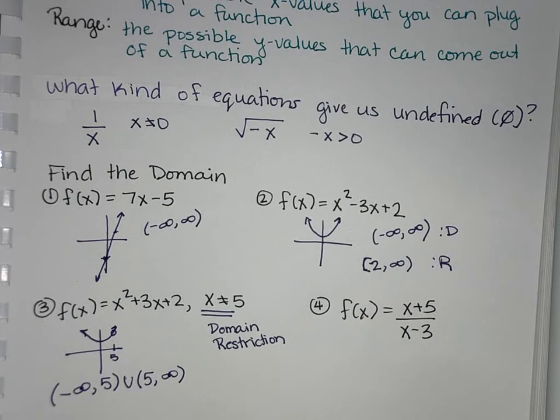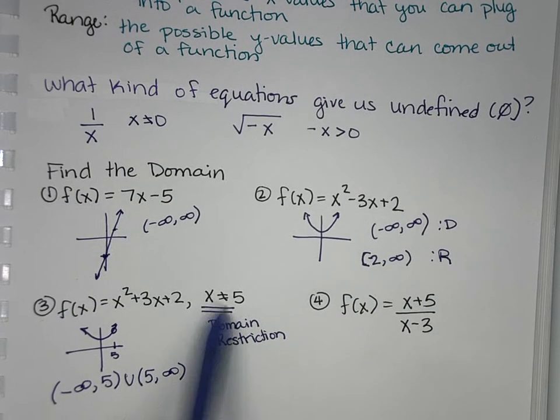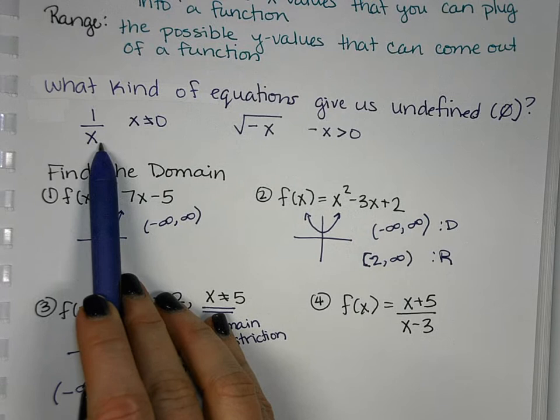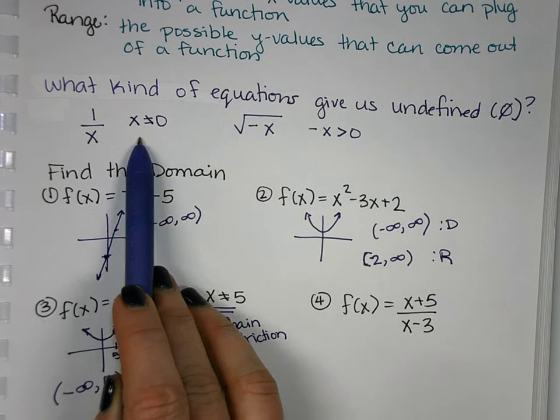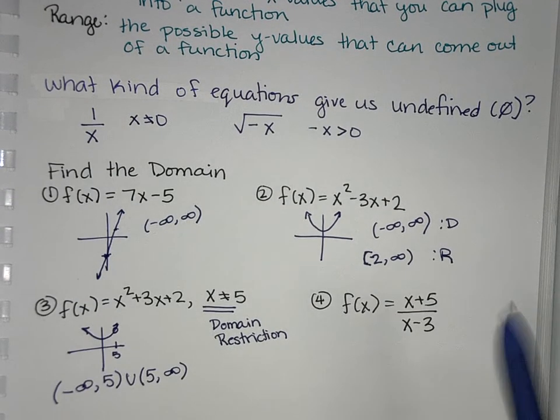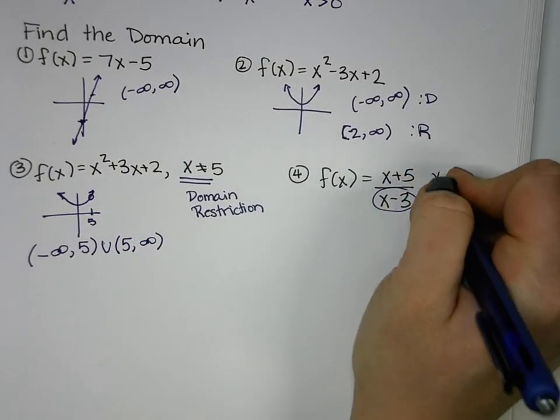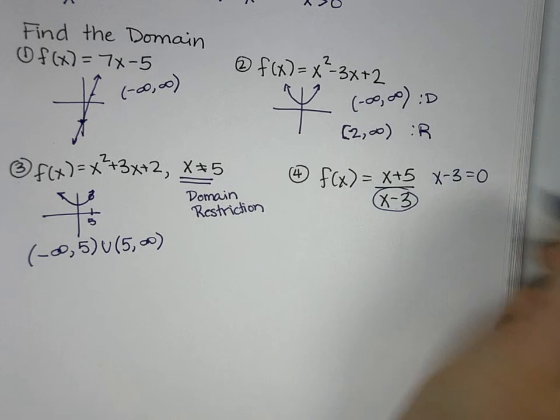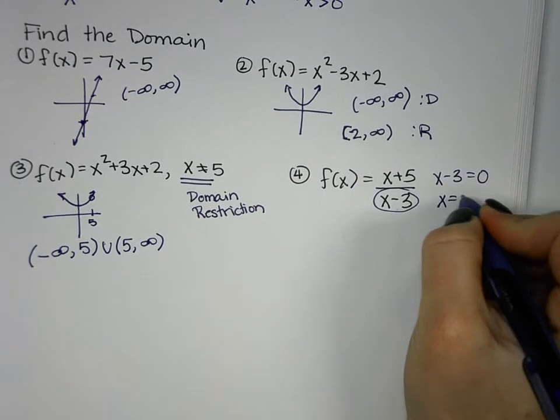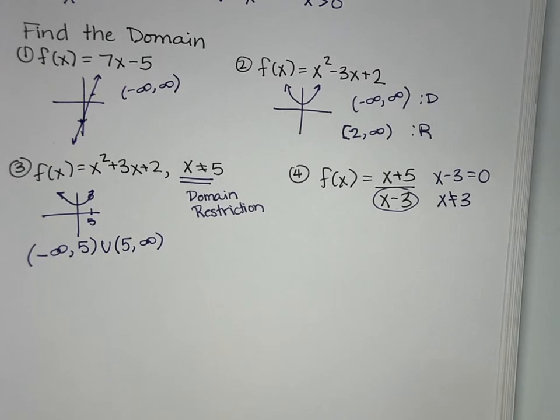Now, unlike number 3 where it told us a restriction, this one we have to kind of go back here. We know that our denominator cannot equal 0. So how do we find the restriction in this fraction? By taking our denominator, x minus 3, and we set it equal to 0, and solve. That's what x cannot equal.